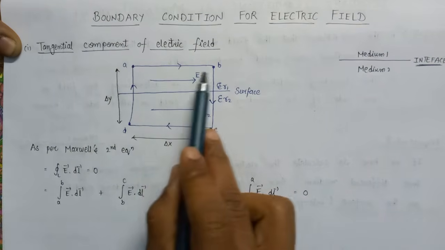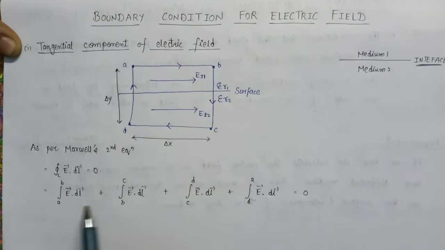We are only following the clockwise path, that's why we are taking the integral limits from A to B, B to C, C to D and D to A.